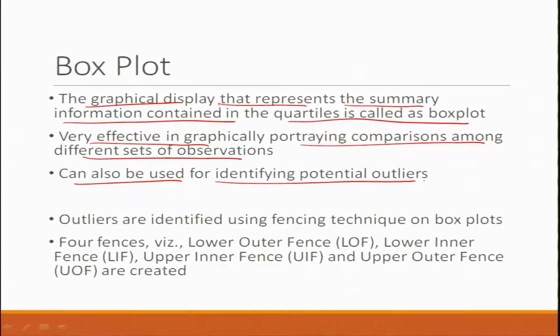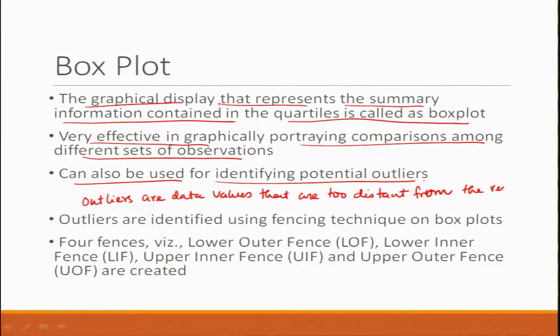for identifying potential outliers. We will see what outliers are later with a very clear definition, but outliers are data values that are too distant from the rest of the data.